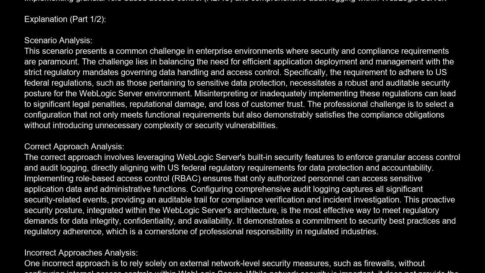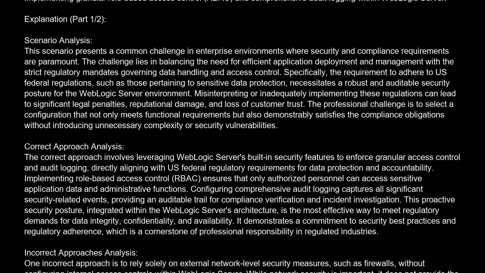Misinterpreting or inadequately implementing these regulations can lead to significant legal penalties, reputational damage, and loss of customer trust. The professional challenge is to select a configuration that not only meets functional requirements, but also demonstrably satisfies the compliance obligations without introducing unnecessary complexity or security vulnerabilities.